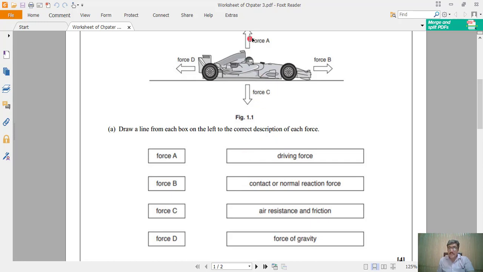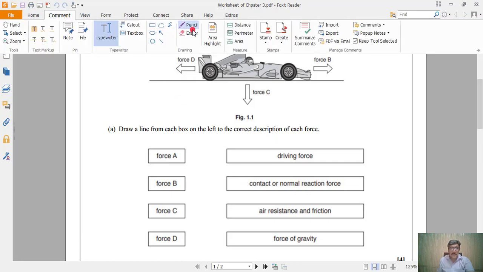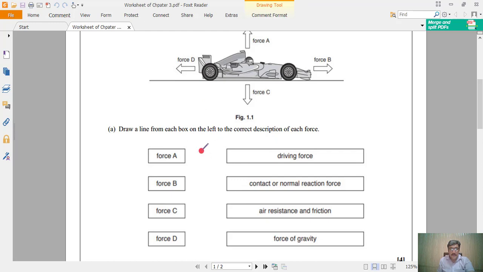The force which is in the upward direction is basically a normal reaction force, or you can say a contact force. So this force A is going to be connected with this description.